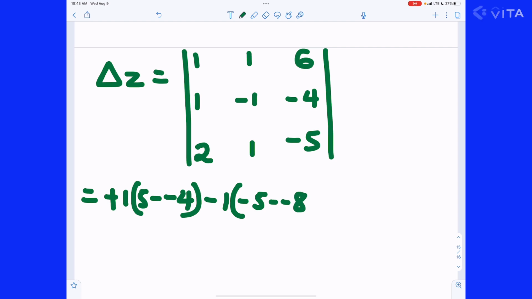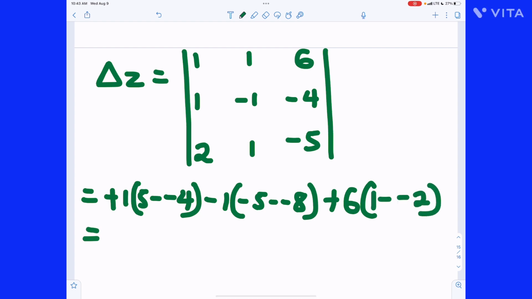That gives me 1 times 9, minus 1 times minus 5 plus 8, which is 3.